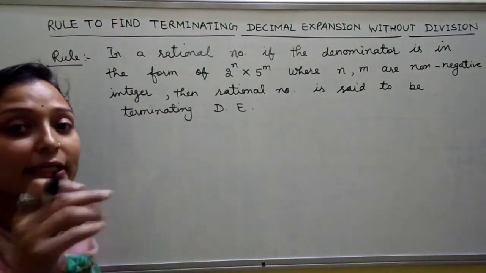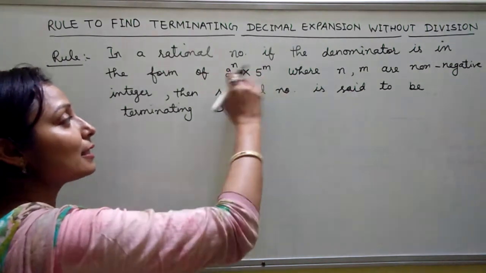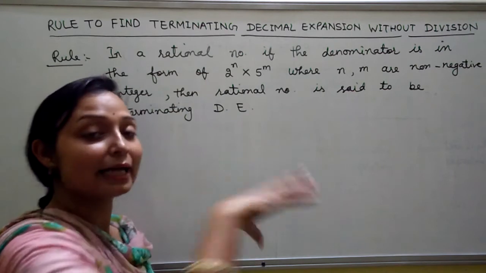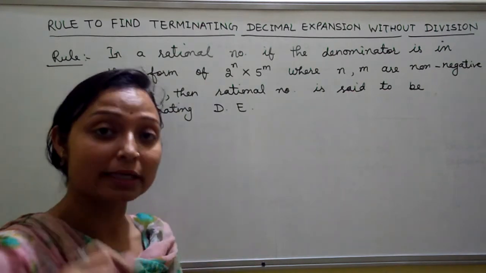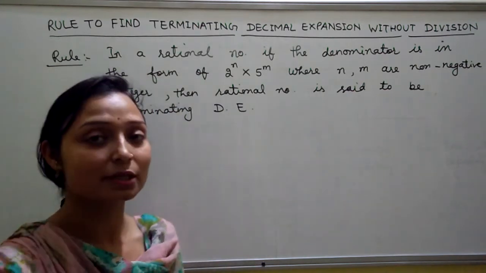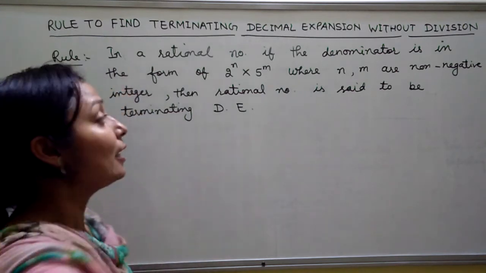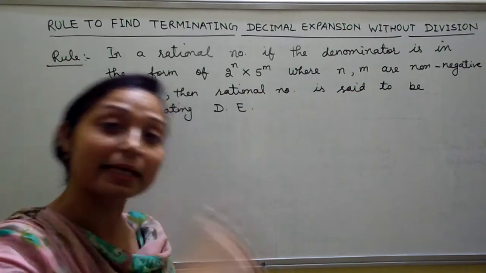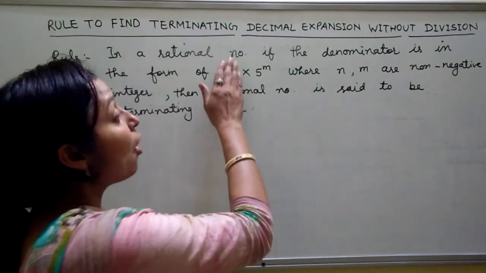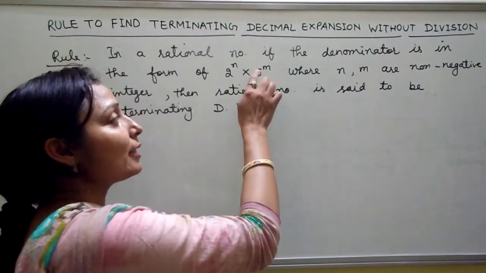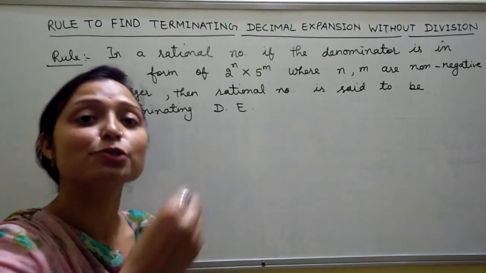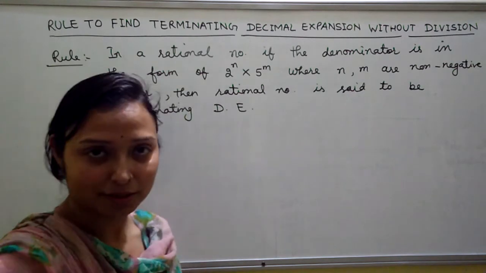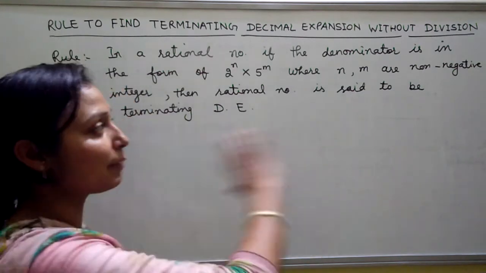If the denominator in a fraction is in the form of 2 raised to power n and 5 raised to power m, then that rational number is a terminating decimal expansion, otherwise not. If the denominator is in the form of 2 raised to power n only, then again it is a terminating decimal expansion. Or if the denominator has only 5 raised to power m, then it is also a terminating decimal expansion. I will give an example to explain this rule.